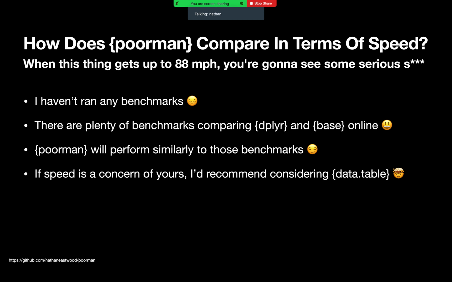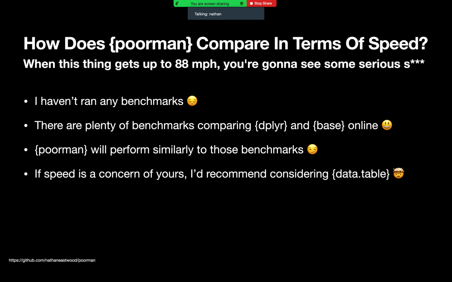Now, this is probably the one question that I get asked the most about poorman, which is, how does it compare to dplyr in terms of speed? Well, I have to be perfectly honest with you, I haven't run a single benchmark, and at this moment in time, I don't really have a great desire to. There are plenty of benchmarks comparing dplyr and base available online.